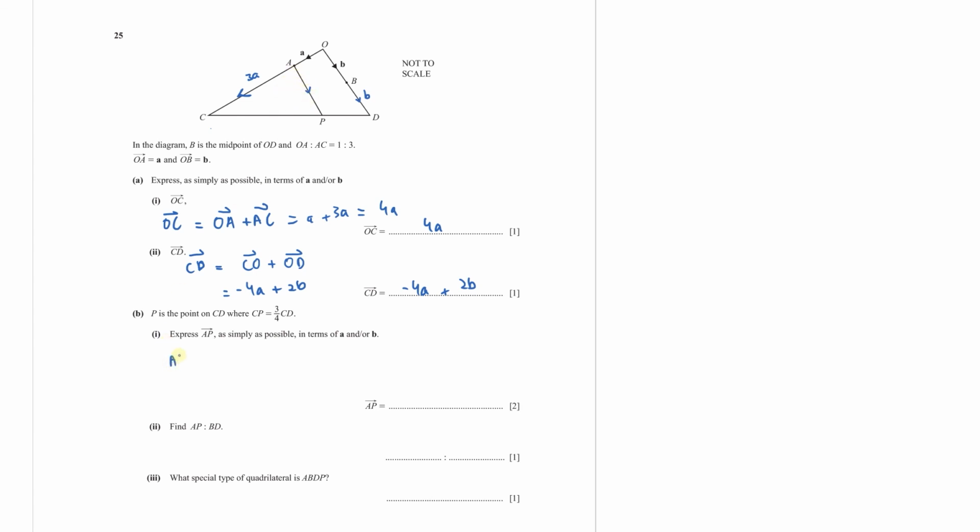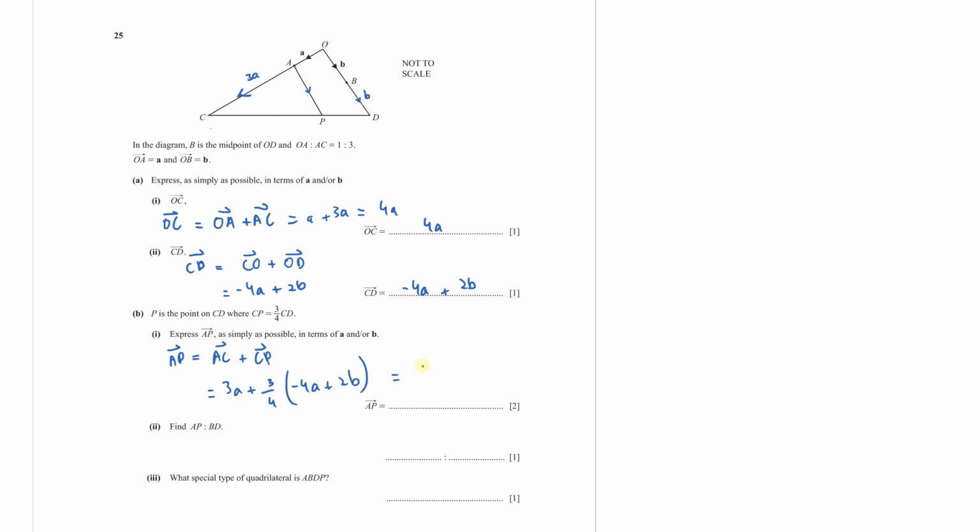So AP can be written as, again using the head to tail rule, AC plus CP. AC we know is 3A plus CP, which is 3 by 4 of CD. We have calculated CD in the previous part, so I'll just take 3 by 4 of this CD.